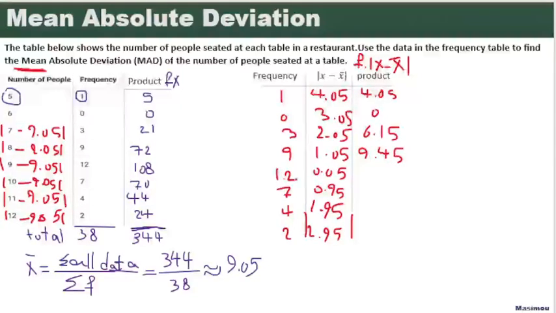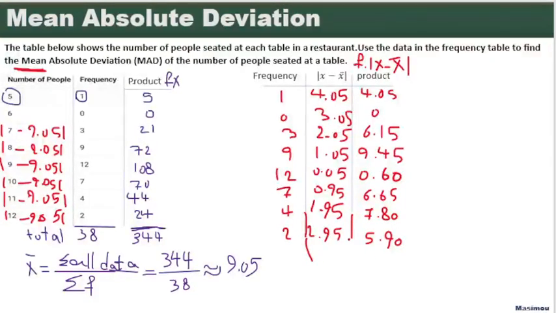Here for this one I will have 0.60. Here 7 times 0.95 gives me 6.65. And the next one would be 7.80, and the next one would be 5.90.